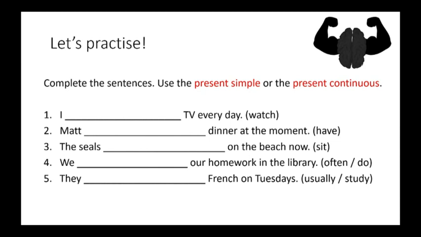Number 1, I watch TV every day. Every day, it's a habit, right? Routine. We need present simple. I watch TV every day. Number 2, Matt has dinner at the moment, right now. That's it, present continuous. Is having.